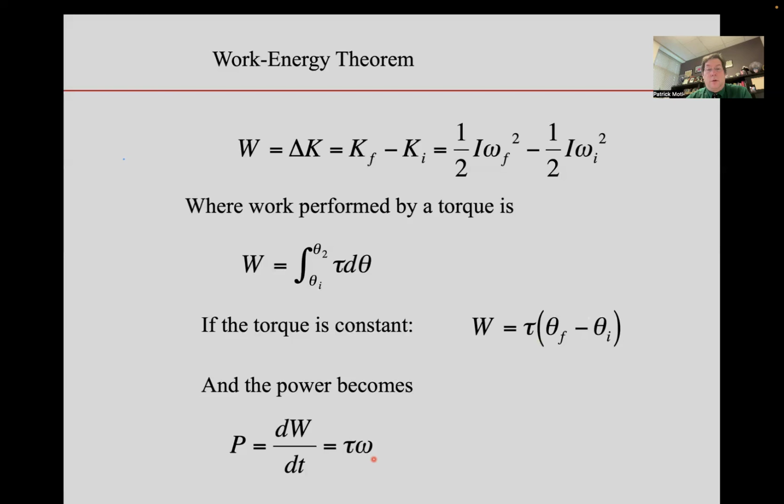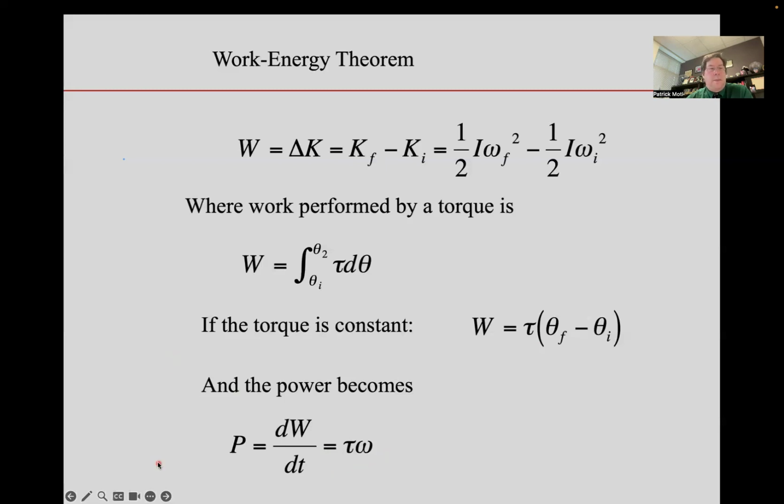So for linear motion translations, we had the handy relationship that the instantaneous power is the dot product of the force with the velocity. And for rotations, we have a similar cute little relationship that the instantaneous power is the torque times the angular velocity.